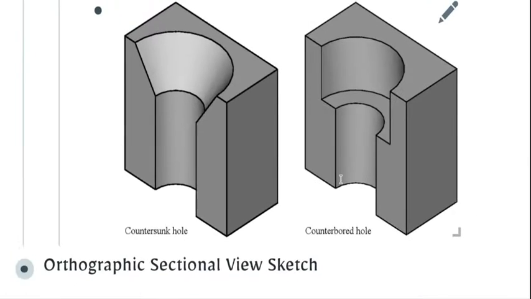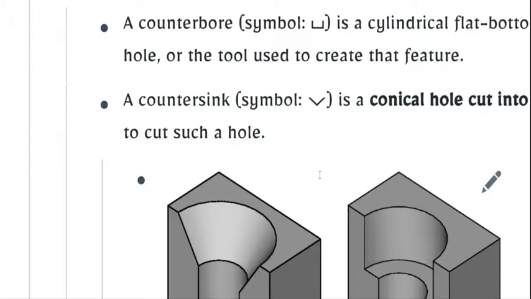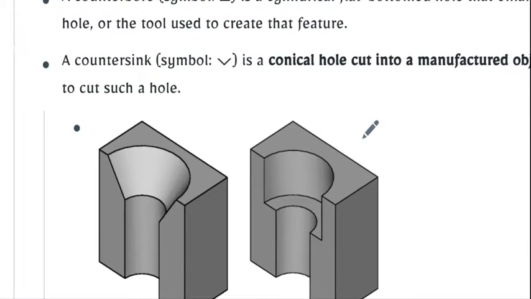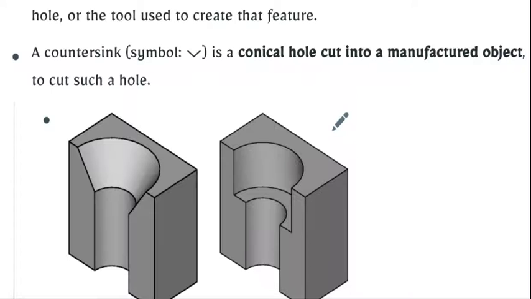be defining right now. So let's define what counterbore and countersink mean. Countersink, you can just picture a normal sink in your house. When you throw things down the drain, it essentially goes through a little bowl type of design. That's what a countersink hole really means: a conical hole cut into an object, such as a sink.